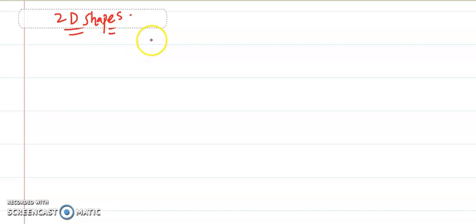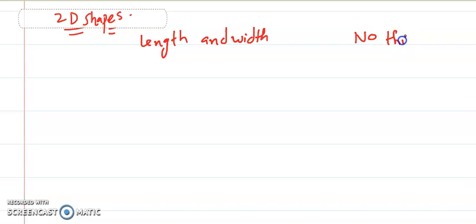2D shapes are the shapes that show only two dimensions, length and width. 2D shapes don't have any thickness. All the shapes that we draw normally, like rectangle, triangle, for example, here I draw this one.